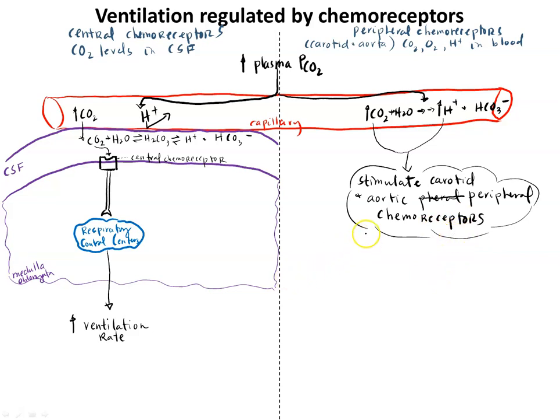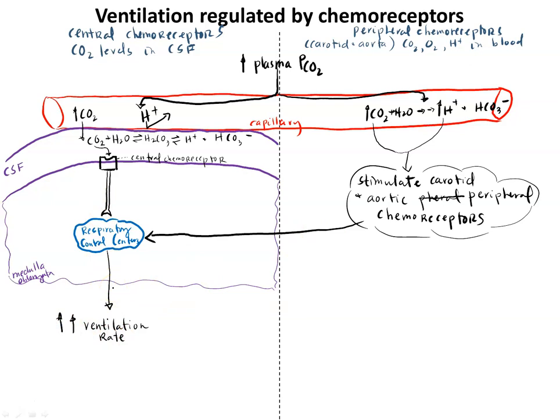Okay, they'll depolarize, and guess what? These chemoreceptors are wired to go talk to the respiratory control centers in the medulla oblongata. So now I've got two chemoreceptors talking to the respiratory control centers and saying, hey, increase ventilation rate. So I'll just do a double increase because it came from two places.